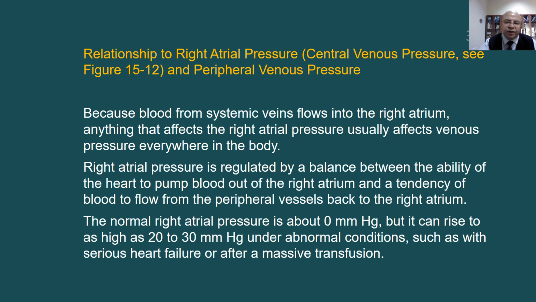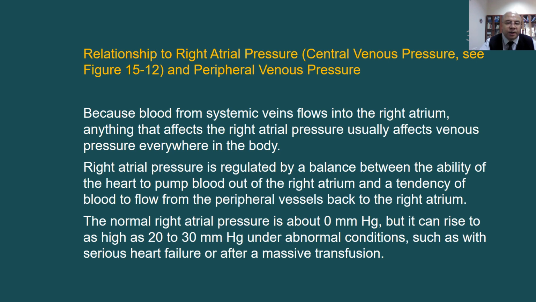Relationship to the right atrial pressure, central venous pressure, and peripheral venous pressure. Because blood from systemic veins flows into the right atrium, anything that affects the right atrial pressure usually affects the venous pressure everywhere in the body.